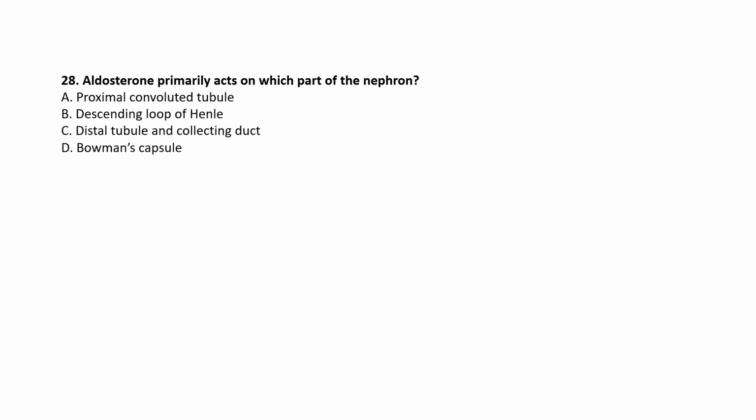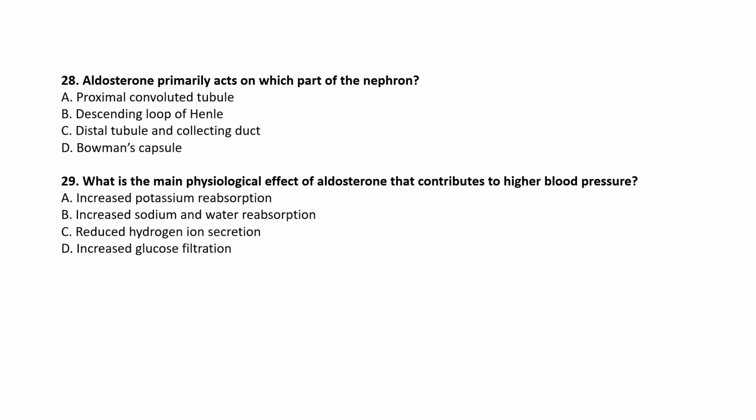That's also something I had recently looked into, because it's not that intuitive. Okay. What is the main physiological effect of aldosterone that contributes to high blood pressure? This I already answered, so I'm not going to waste time on it. You guys have got it.